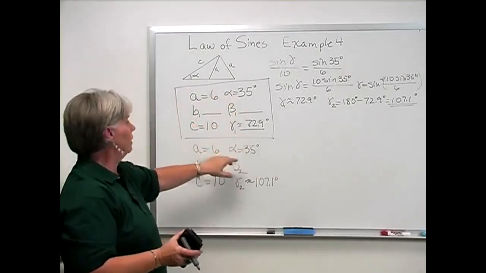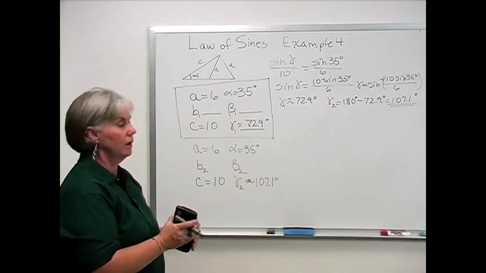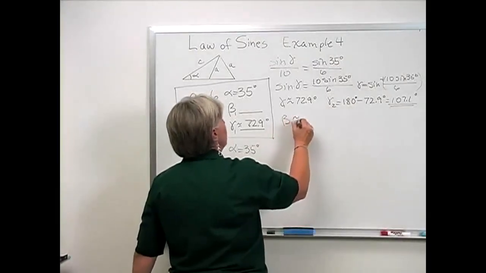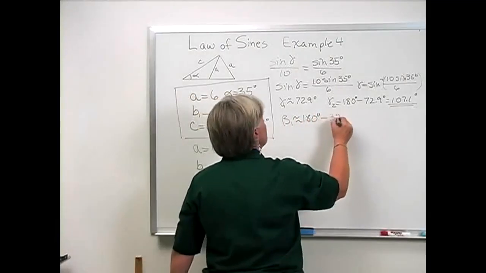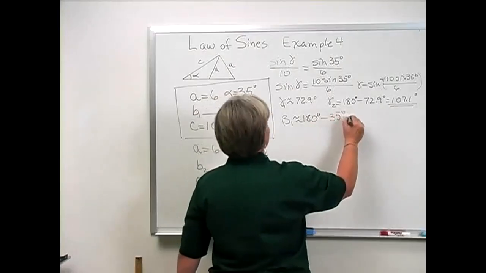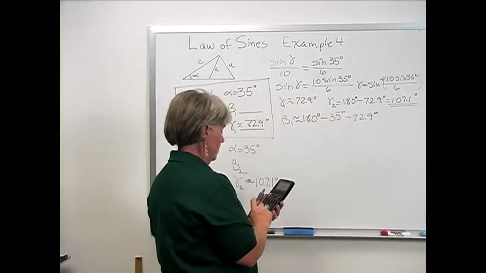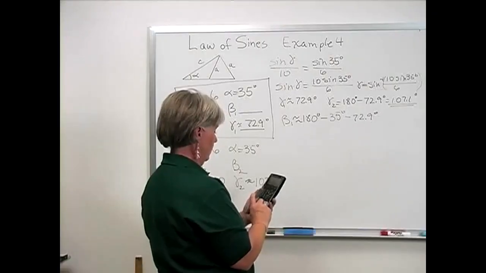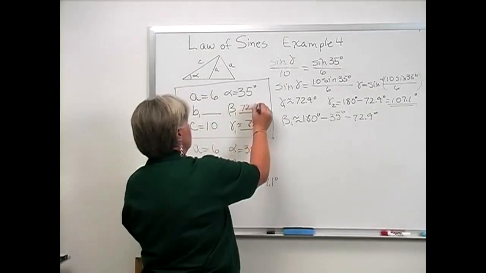Now we have our 2 triangles set up, and it's really not going to be very difficult to solve for these missing parts. We can find these 2 angles by subtracting from 180 degrees. So we know that beta 1 is approximately 180 degrees minus 35 degrees minus 72.9 degrees. All right, so we have 180 minus 35 minus 72.9, and that's going to be 72.1 degrees.